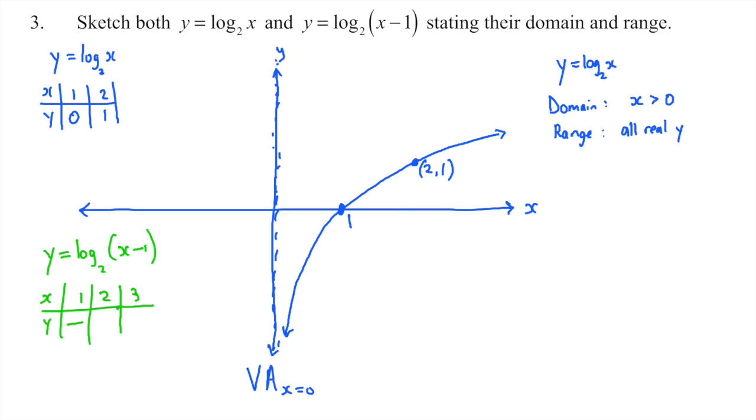So let's try 2. And let's try 3. So if I let x equal 2, 2 take 1 is 1, log to base 2 of 1, we know the log to base 2 of 1 is 0. I know that because I did it up here. If I let x equal 3, 3 take 1 is 2, the log to base 2 of 2 is 1.